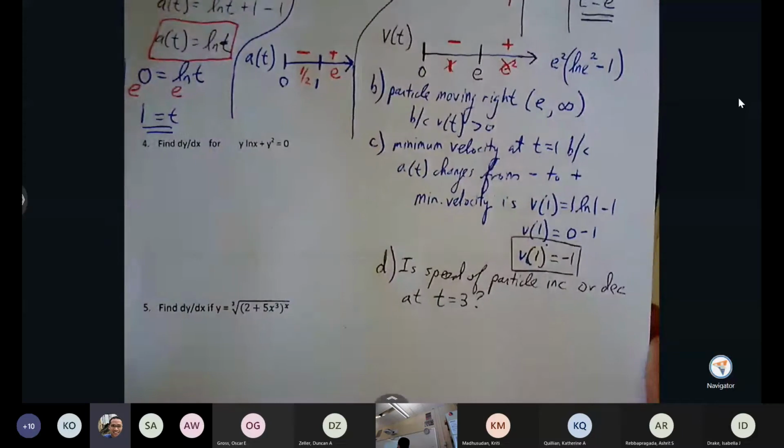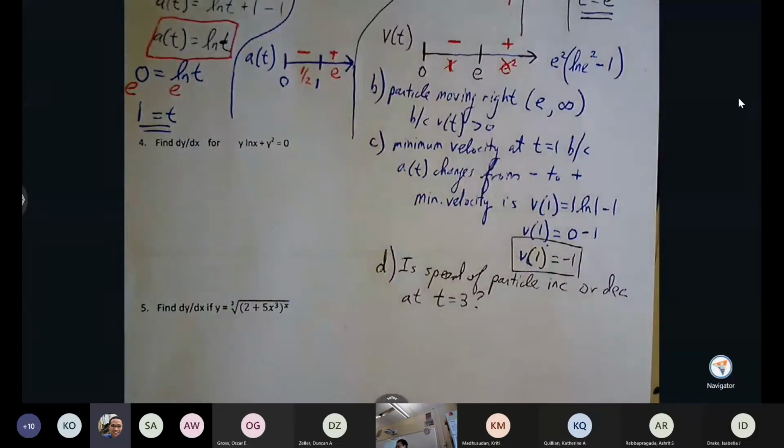So do you guys remember from chapter 2, how do we determine increasing, decreasing speed for a particle? Look at the velocity is constant. That's part of it. Something else. We also have to involve what?